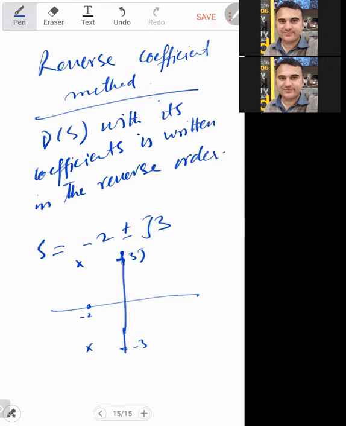From the analysis we can easily say that the poles are in the left half plane, so this is a stable system. Now let's reverse the coefficients and see whether the roots remain in the left half plane or not.